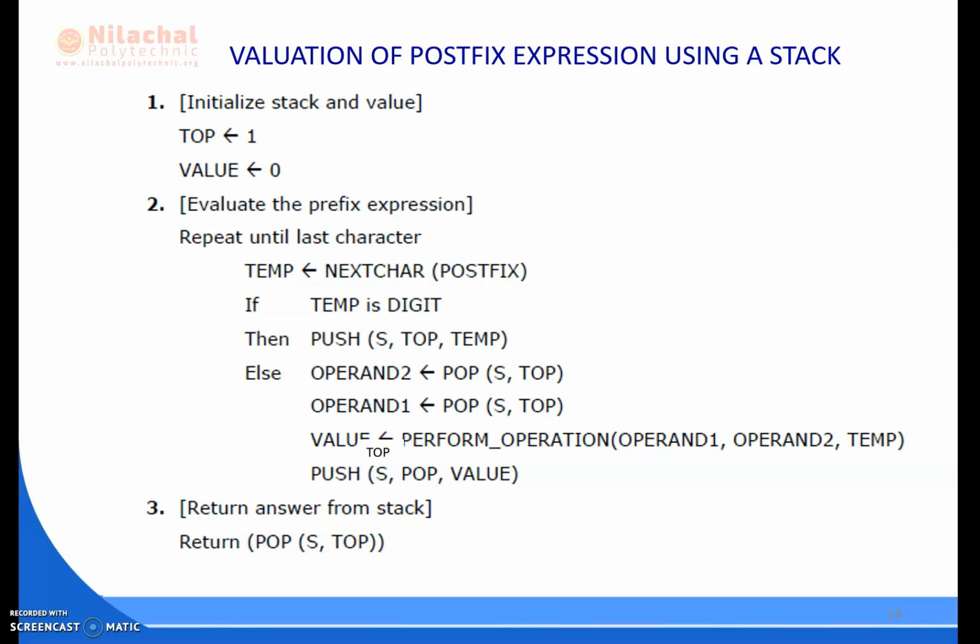Finally, when we reach the last character, the result is at the stack top position, and we get the value by the pop operation from the stack. So this is returning the value from the stack.